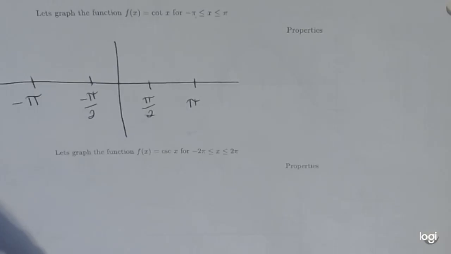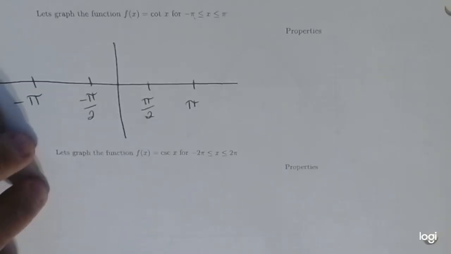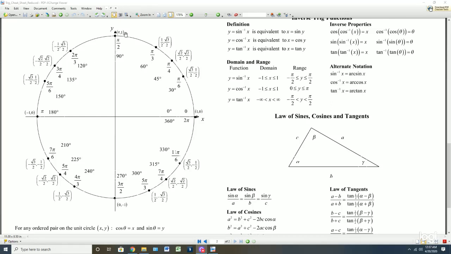If we go back to our unit circle, here's 0, 0, so x over y. What is 1 divided by 0? Undefined. So just like the last one, this is a vertical asymptote. Oh, this might be the opposite now. Going over here, remember it's x over y, so 0 divided by 1, this is now 0.